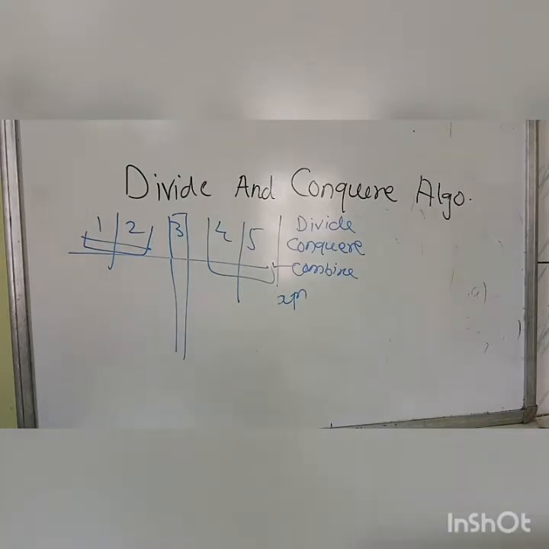So this is the basic mechanism: it will first divide the whole problem into two separate parts, then apply some strategies to solve, means conquer this problem, and then lastly combine it into a single one. We will see the different algorithms which are using the divide and conquer strategies.